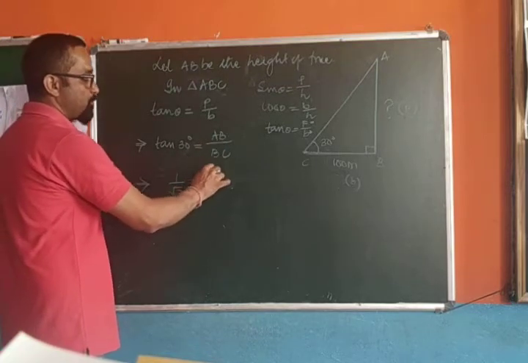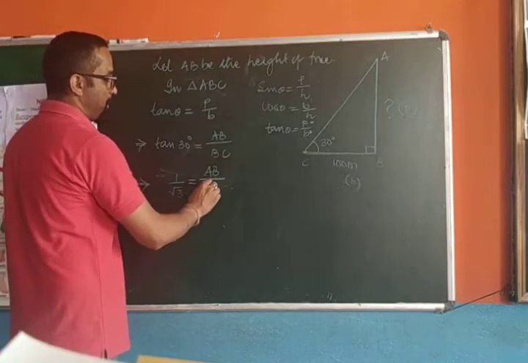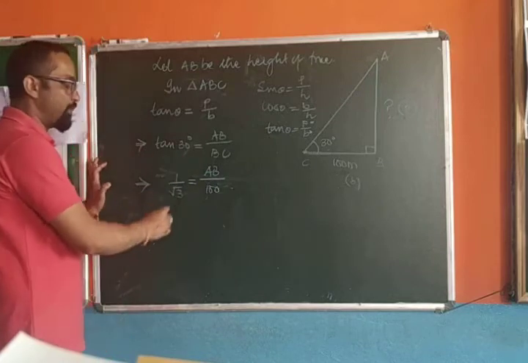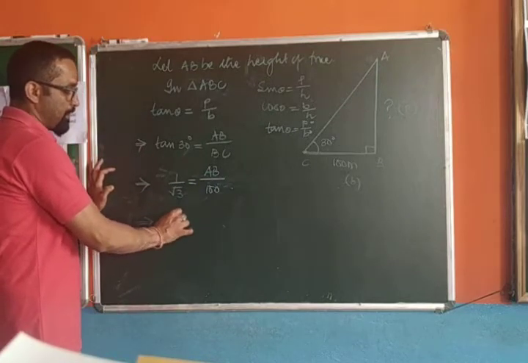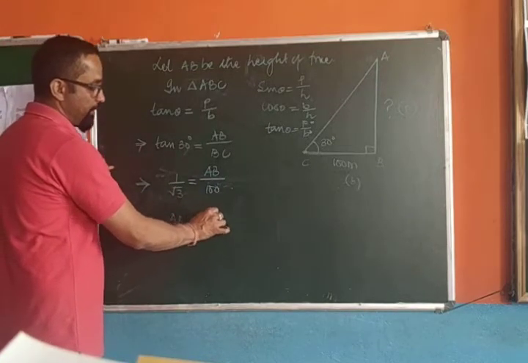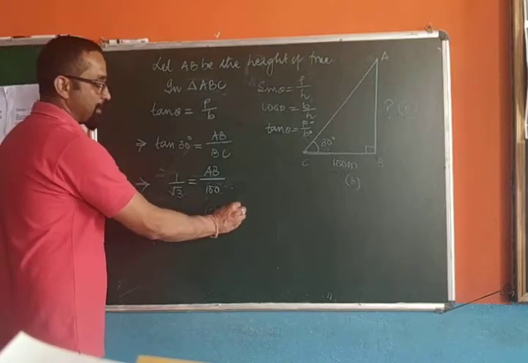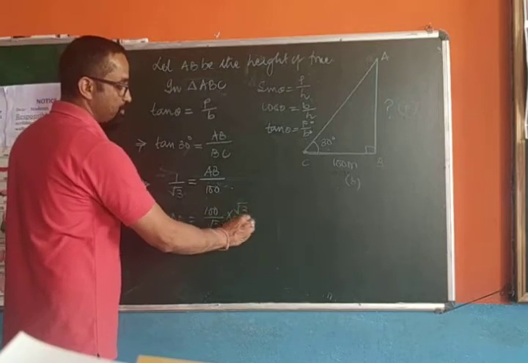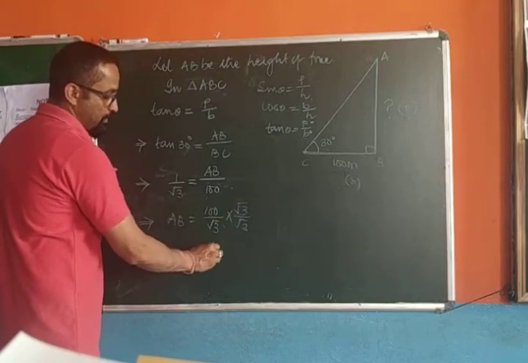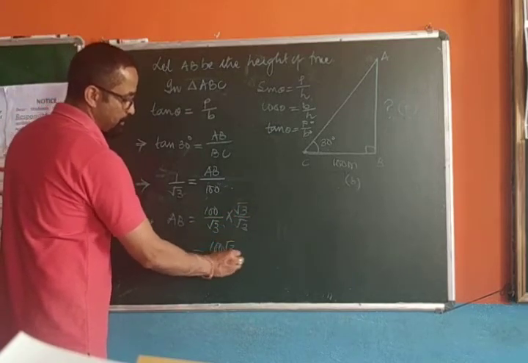We have to calculate the perpendicular, base is 100. Now we cross multiply. AB is equal to 100 divided by root 3. You should not leave it like this, rationalize it. Calculation will be easier. 100 root 3 divided by 3 meters.